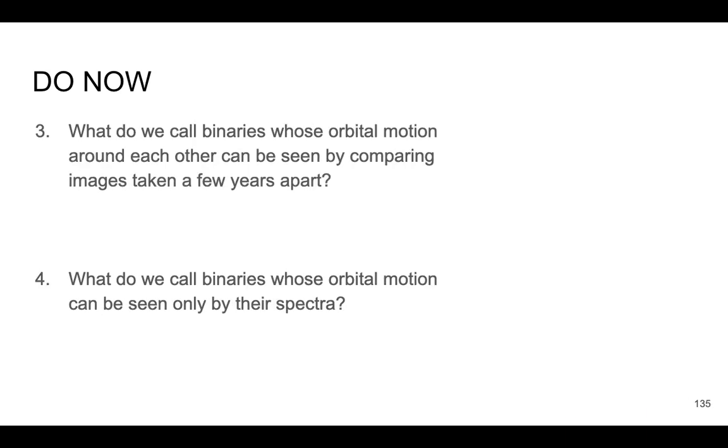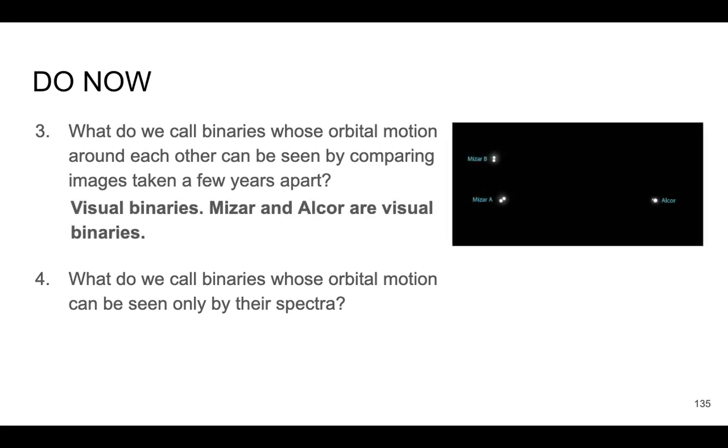So the other binaries we learned about. What do we call the binaries whose orbital motion around each other can be seen by comparing images taken a few years apart? These are the visual binaries. If you can, with a telescope, actually see that the stars are separated and you take images over several years, you'll see the stars move relative to each other and go around each other.